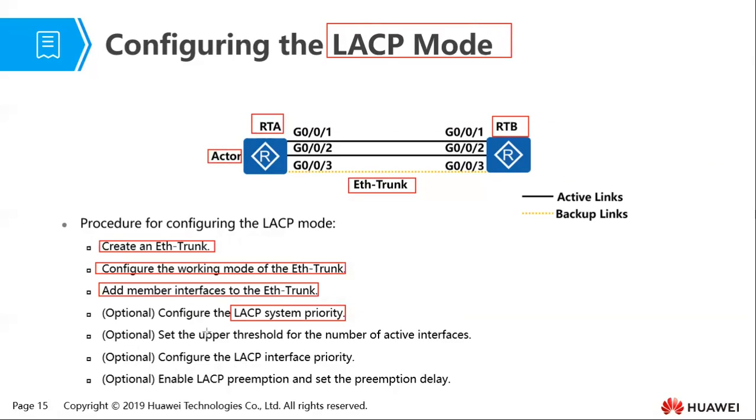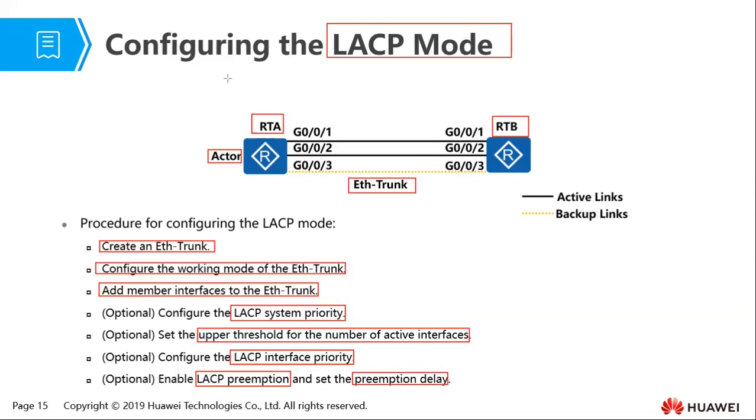Optionally, we can also set the upper threshold for the number of active interfaces. Optionally, we can also configure the LACP interface priority so that certain links can act as backup links and others as active links. Optionally, we can also enable LACP preemption and also set the preemption delay.